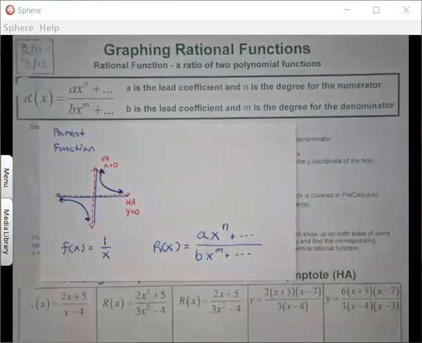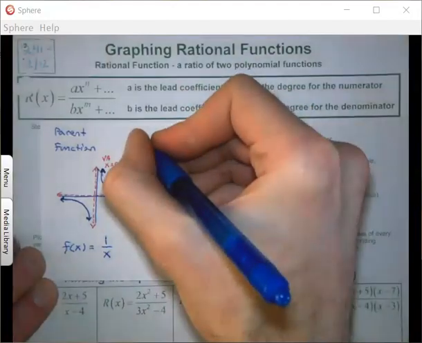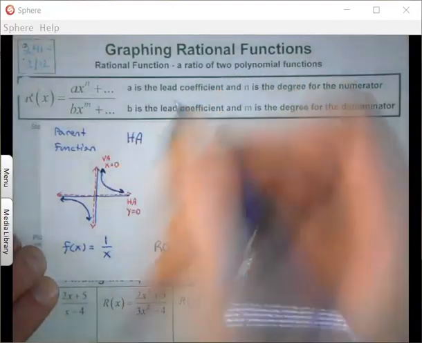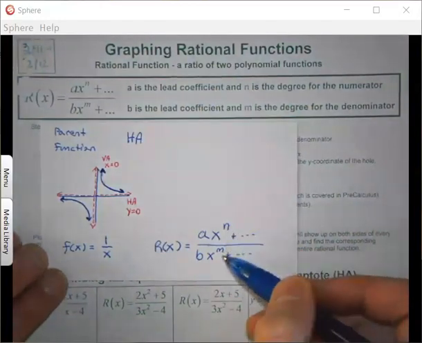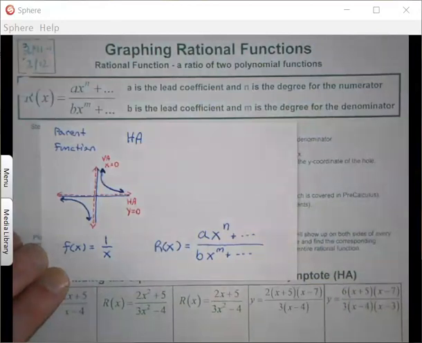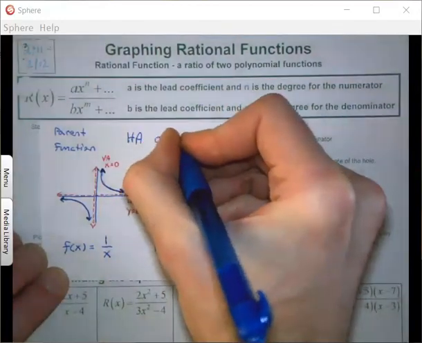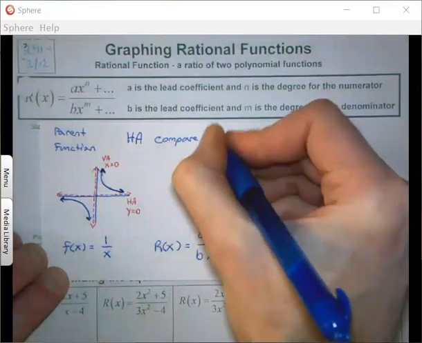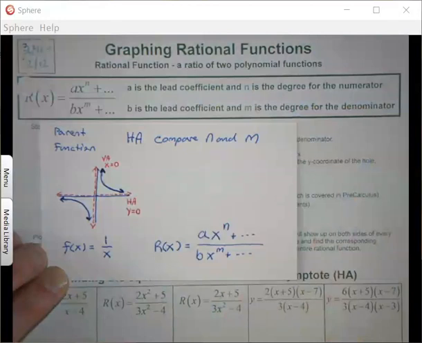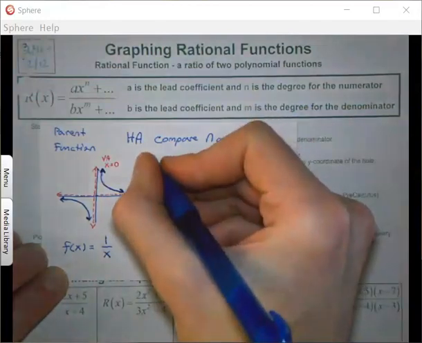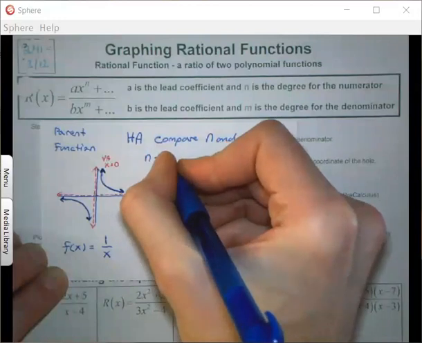Now, to find the horizontal asymptote, the first thing we need to do is compare n and m. We need to compare the values for our exponents. So there's three things that can happen. So for one, n could be smaller than m.